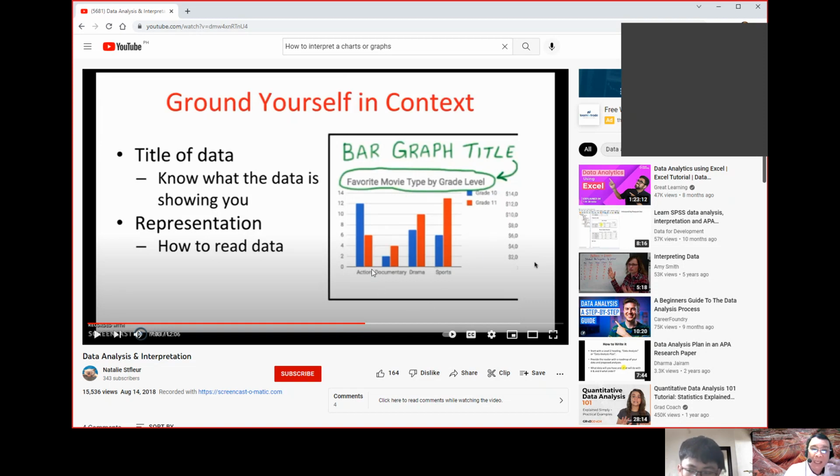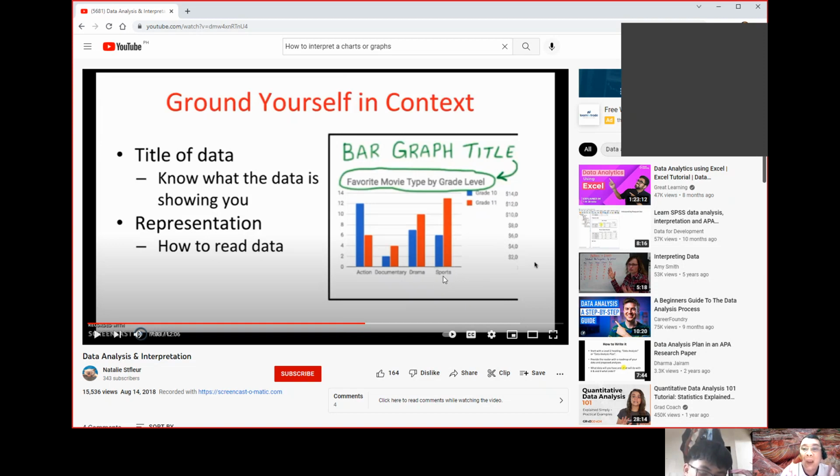Okay? And we can see in the bar graph that the blue one is represented by grade 10 students, and the red one is represented by the grade 11 students, with the x-axis being the number of students, and then the y-axis would be the movie, who is watching an action movie, watching a documentary, watching a drama movie, and watching a sports movie.